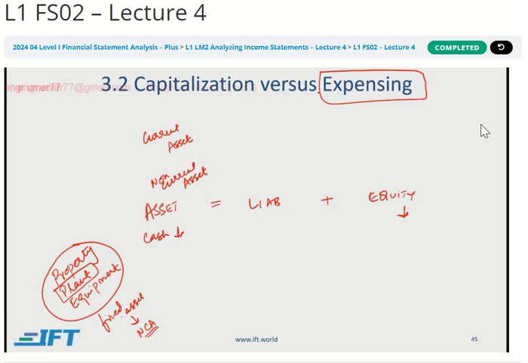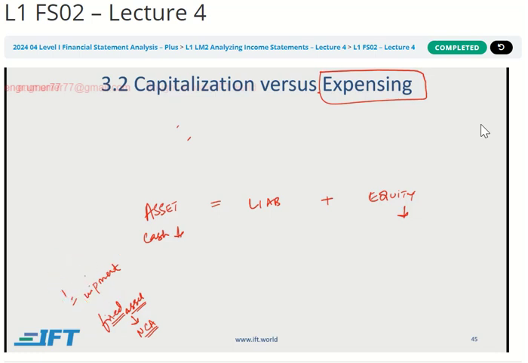So these non-current assets or fixed assets such as property, plant and equipment, if I am buying a property, plant and equipment, my cash will be going down, but my property, plant and equipment will be going up. Therefore, there will be no impact on my equity. This means the payment I have made is not an expense.